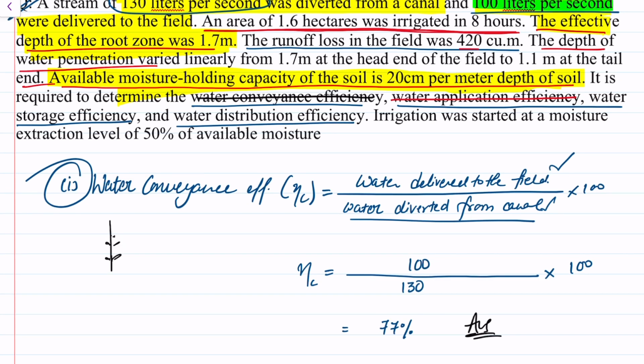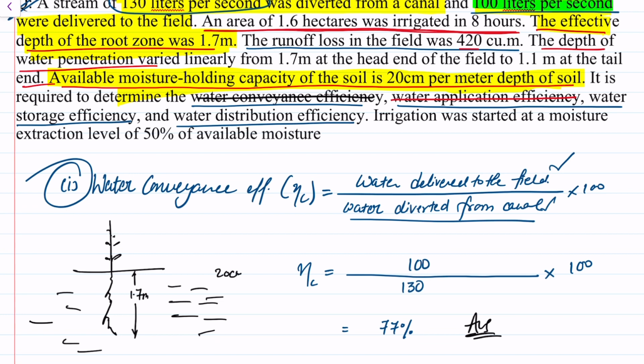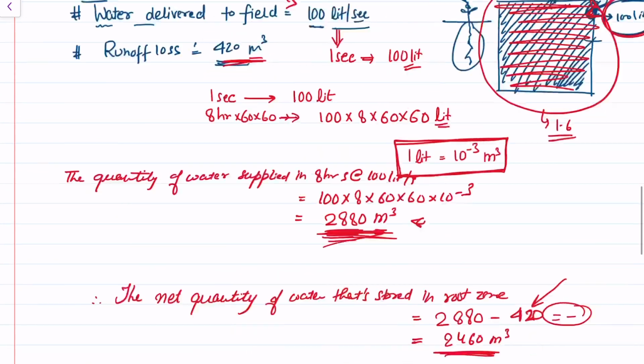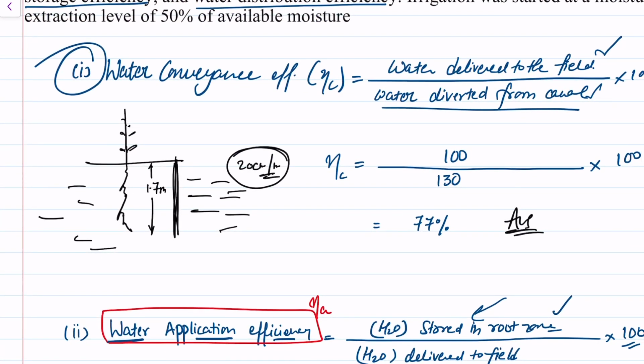we have a plant whose depth of root zone is 1.7 meters, and the moisture holding capacity of the soil is 20 centimeter per meter depth. So for 1.7 meter, what should be the moisture holding capacity of soil? First thing we should know, because this is the optimum zone we want. This is the overall moisture level in the soil up to this depth.